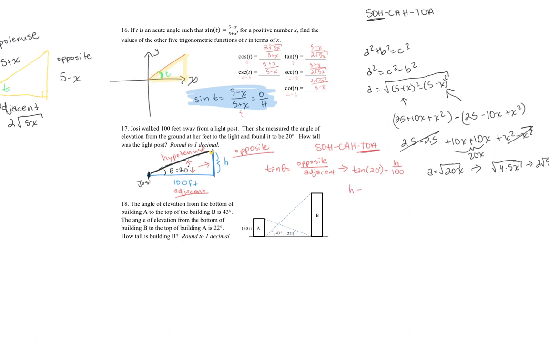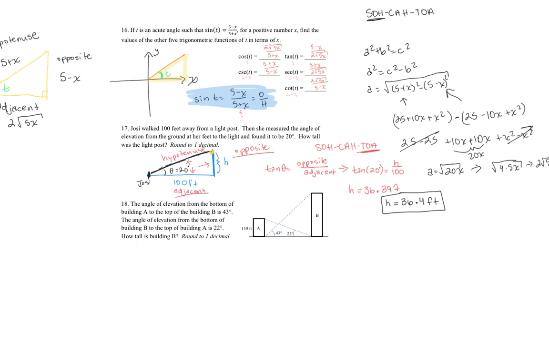So h is actually equal to 36.397, or if we round it to 1 decimal place, h is equal to 36.4 feet. So that means that lamppost is 36.4 feet in height.